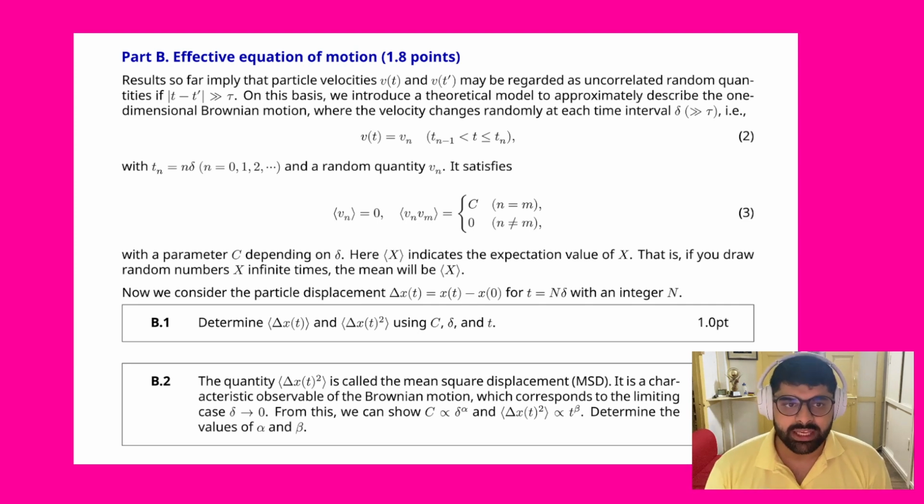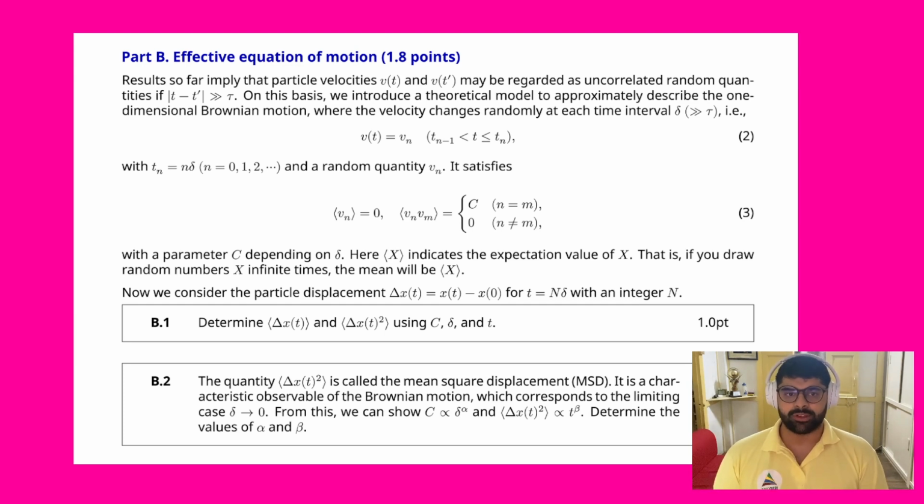We're given v of t is equal to vn, where vn is a random quantity and tn is equal to n times delta. It satisfies the expectation value of vn is equal to 0 and the expectation value of vn vm is 0 when n is not equal to m and c when n is equal to m. Here, this angle bracket is called the expectation value and it's similar to the mean.